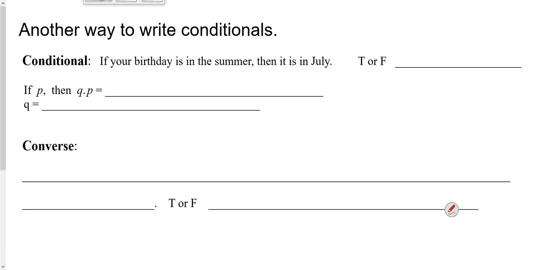And then another way to write conditionals. So if the conditional statement is, if your birthday is in the summer, then it is in July. Is that true or false? That would be false. And then a counterexample to that, June. You could have your birthday in June and it'd still be in the summer.